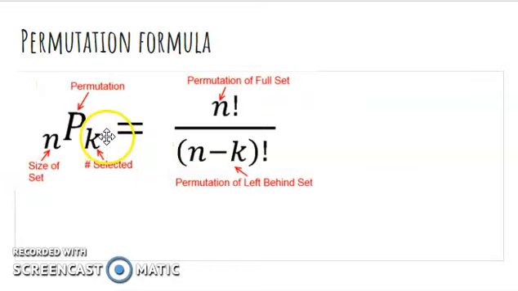And k is the number selected. This equals the total size of the set, n factorial, over n minus k factorial, and the n minus k is in parentheses, so you do this first. You don't distribute the factorial. You subtract n minus k before you do the factorial.